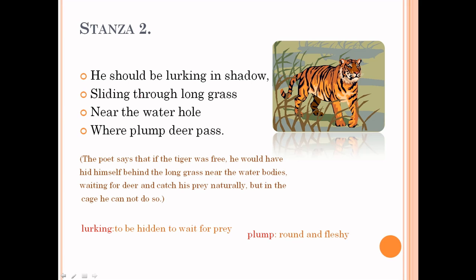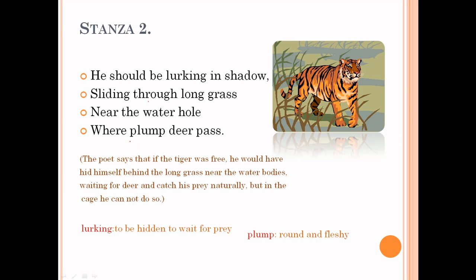So here is a use of enjambment, means where the line continues to the next line without any punctuation mark, as sliding through long grass near the water hole.